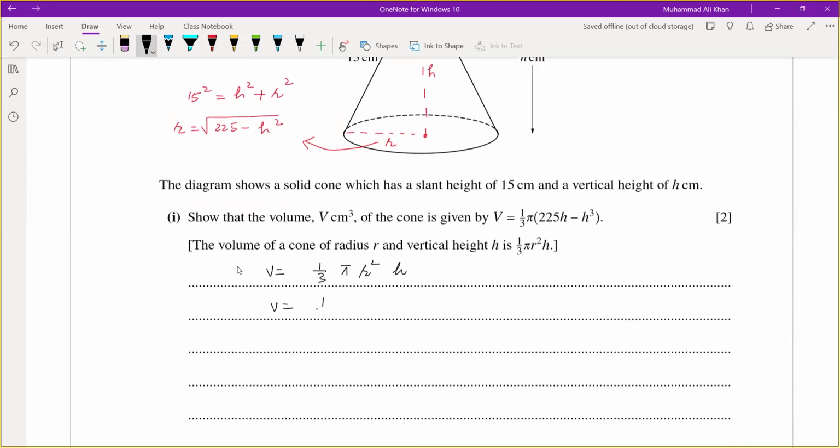So volume equals to 1/3 pi, r squared की जगह पर आ गया 225 minus h squared. अंडर रूट खत्म हो गया due to square, and here is height. So it will be 1/3 pi 225h minus h cube, and this we have to prove in the first part.